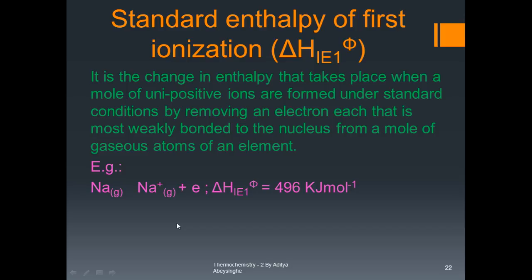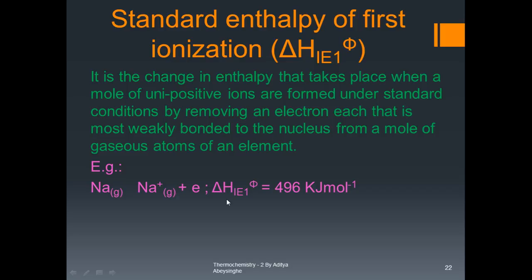The energy change required for such a reaction is defined as the standard enthalpy of first ionization. It is defined as the change in enthalpy that takes place when a mole of unipositive ions, such as sodium plus, potassium plus, and so on, are formed under the standard conditions by removing the most weakly bonded electron from a mole of gaseous atoms of an element.